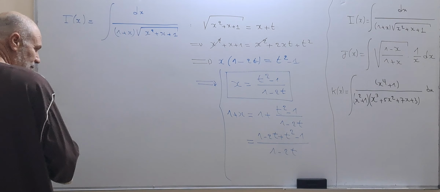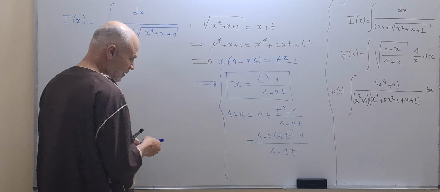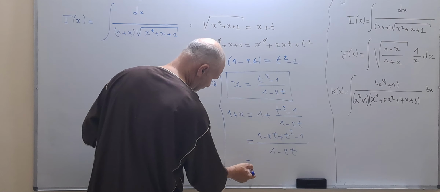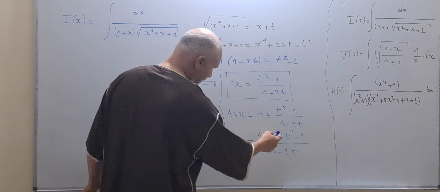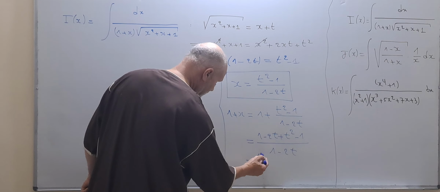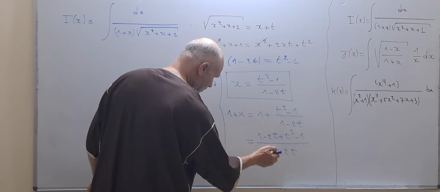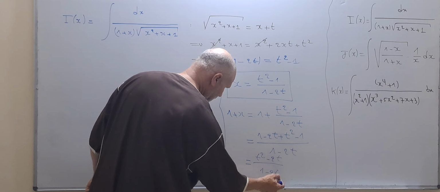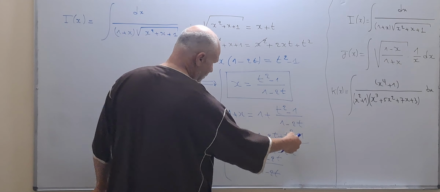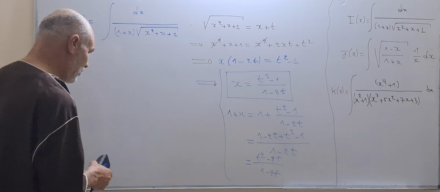The final form is t squared minus 2t over 1 minus 2t, because 1 with minus 1 will be lost.